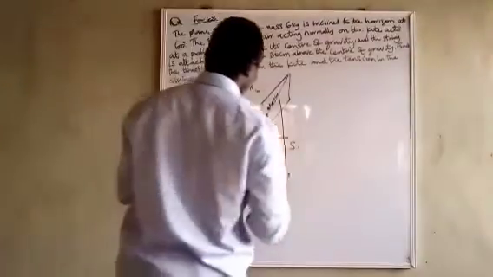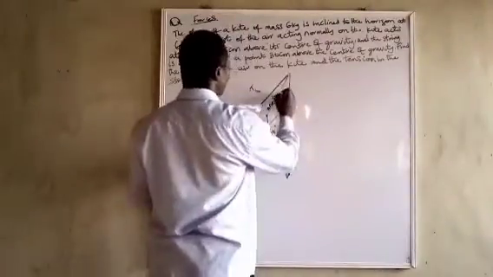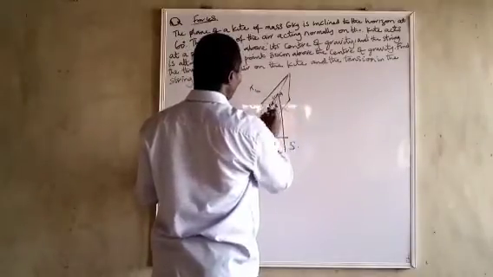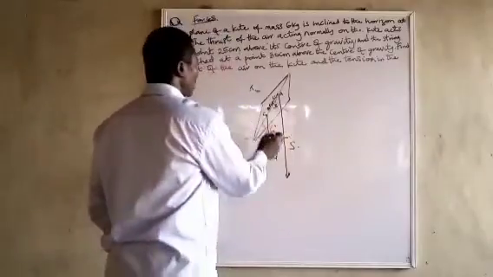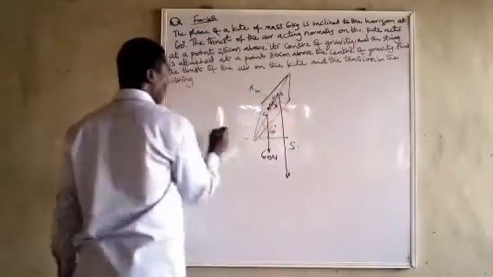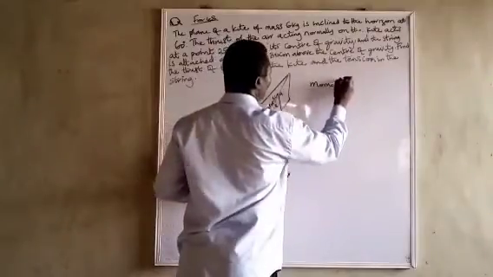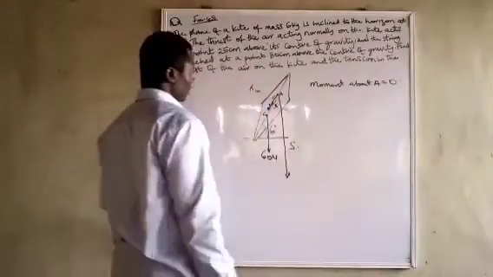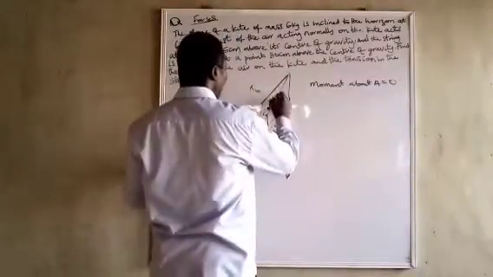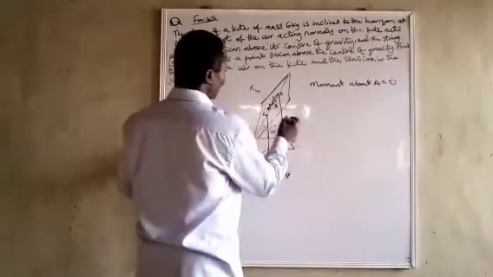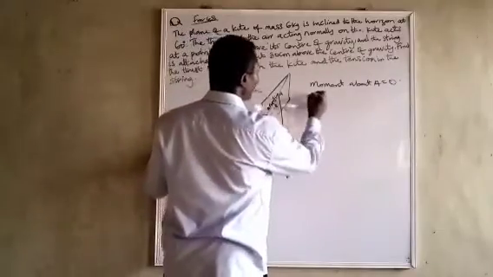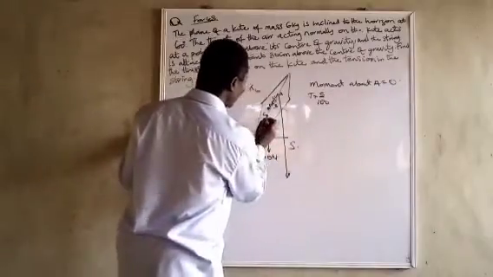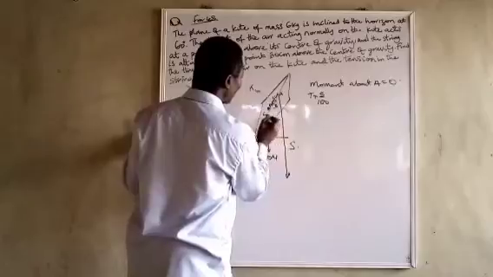Now to solve this, this is the string. Let's call this point A, this point B, and this point C. Let's take the moment about A to be equal to 0 because it's at equilibrium. Therefore, T is acting normally in this direction. So, T times 5 over 100, the distance of this place to this place.